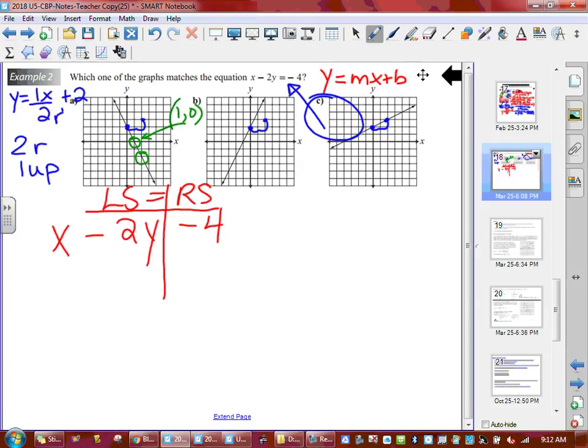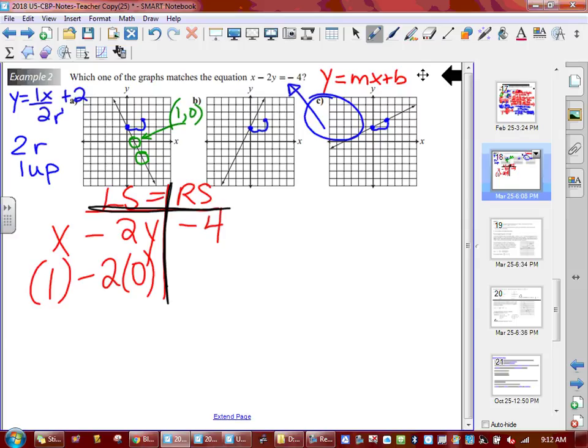It's got to equal -4. Where the x is, we're going to put 1, and where the y is, we're going to put 0. And I want to see if I get a -4 for an answer.